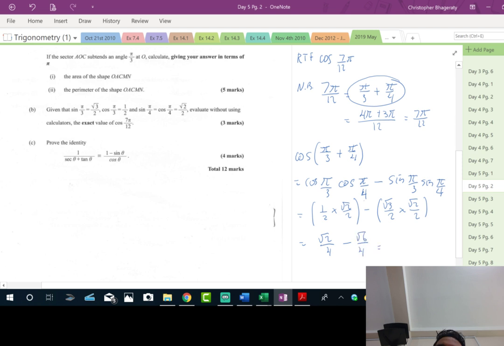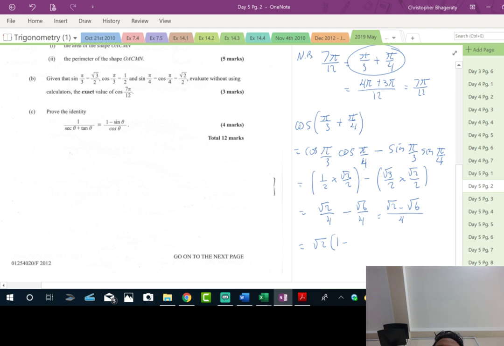Because they have the same denominator, we can simply combine the numerators. And if you're feeling fancy and you want to show you could factorize that, you can do so. However, that's not 100% necessary.